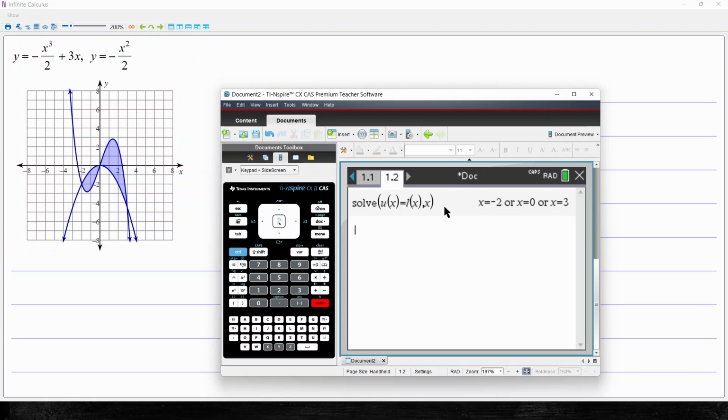It comes out to be -2, 0, or 3. And they are exactly right because you can see that this is x is equal to -2 and this is x is equal to 0 and this point of intersection is at x is equal to 3 comma something.